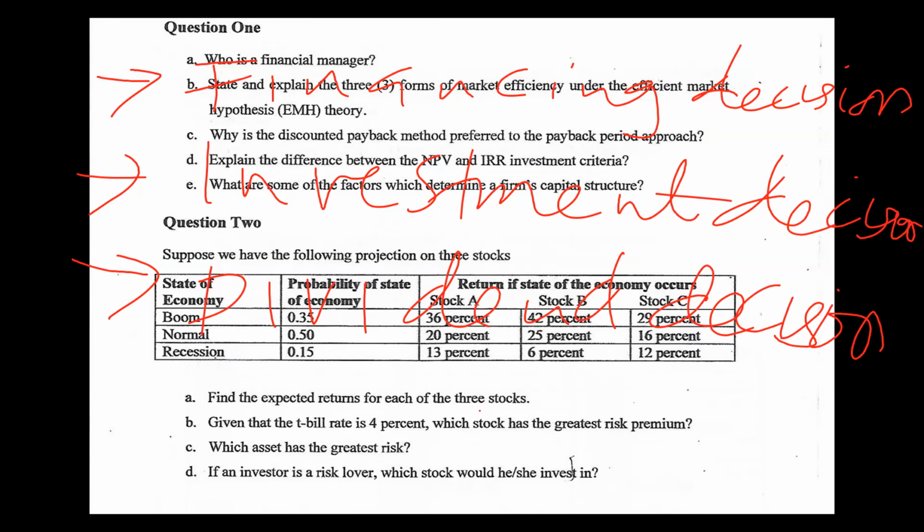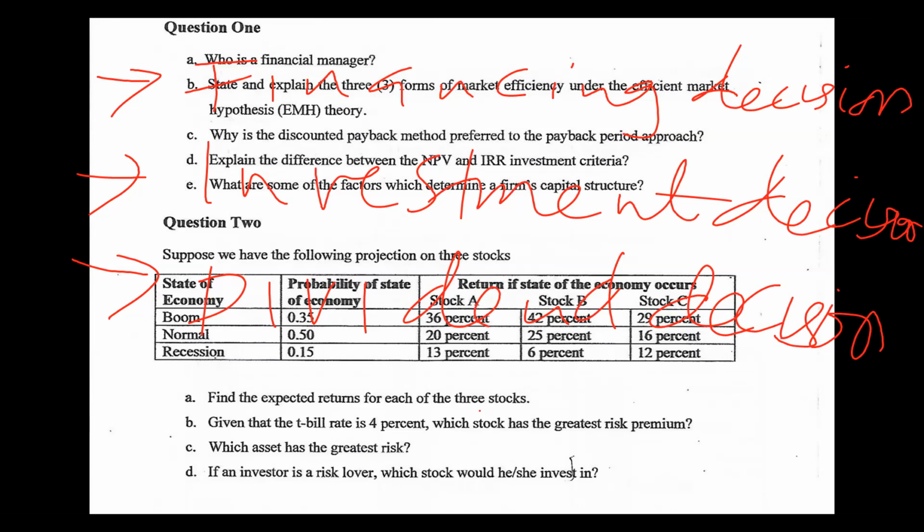So they make that decision. They decide how much should be kept within the business and how much of it should be declared as dividend so that the shareholders can share. So that is the main role. Those are the main roles of the financial manager.